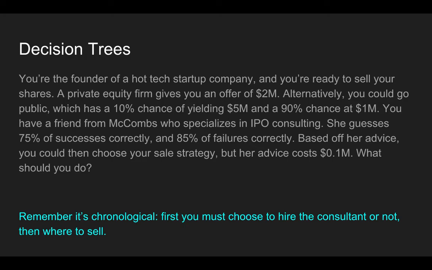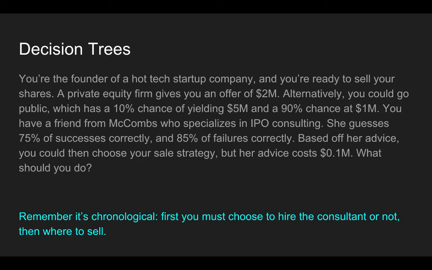Advice from this consultant is conditioned upon what she's guessing correctly. So she guesses 75% of successes correctly. So that is given that the IPO will be a success, what's the probability she forecasts it as such? So just like Sai has right there. That's 75%.